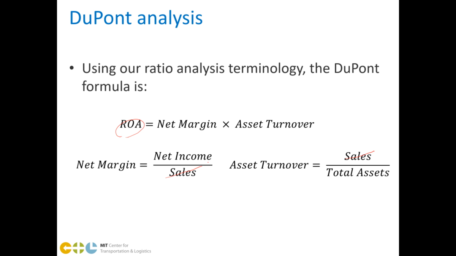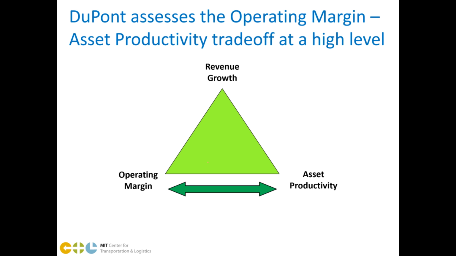So it's a very straightforward and simple formula, but it helps us think about 2 key drivers of our financial performance. Coming back to our drivers figure from earlier, you can see the operating margin here on the left, which is our net margin, a little different type of margin, but operating margin is a key to that.